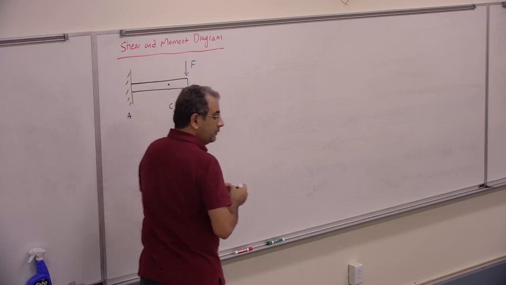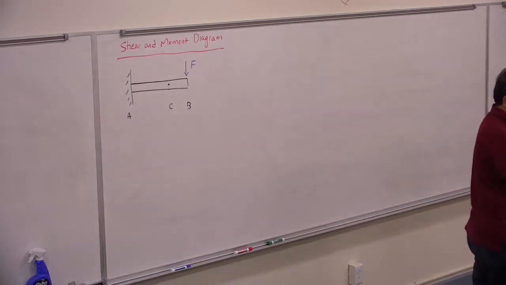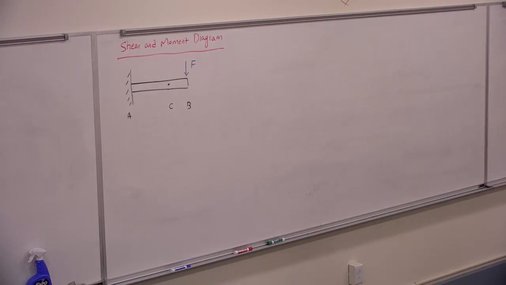In the previous section, we learned how we calculate the moment or the internal force, moment, shear, or normal force at a given point. But later on, in the strength of materials, we want to design that beam. So knowing at one single point is not going to be helpful. We want to know where each of them becomes max.